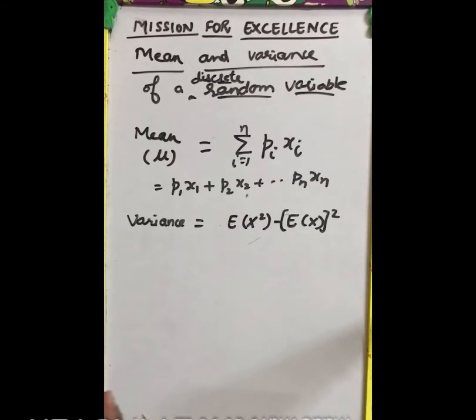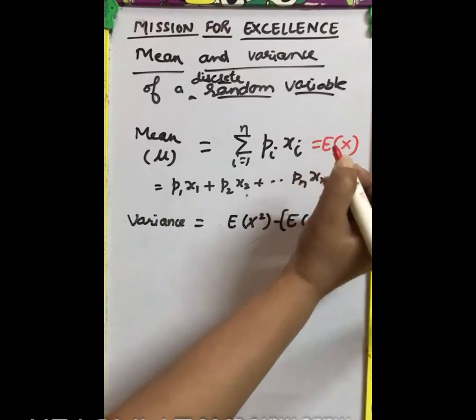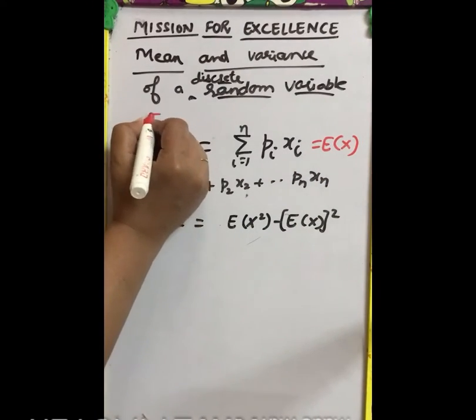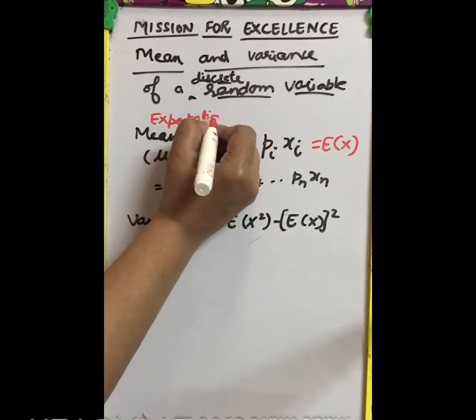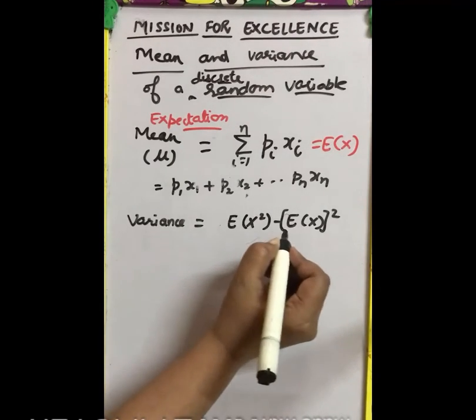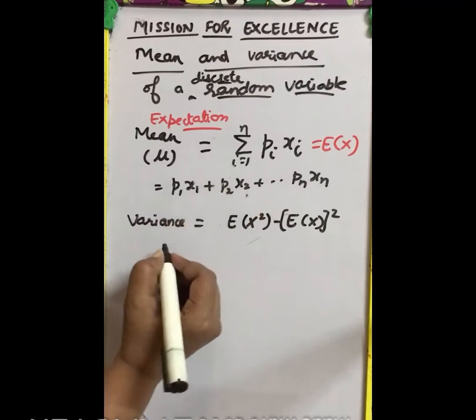This mean is also written as E(x). This is E(x), mean. It is also known as expectation. So this is the mean, and this is variance, E(x square) minus expectation whole square.